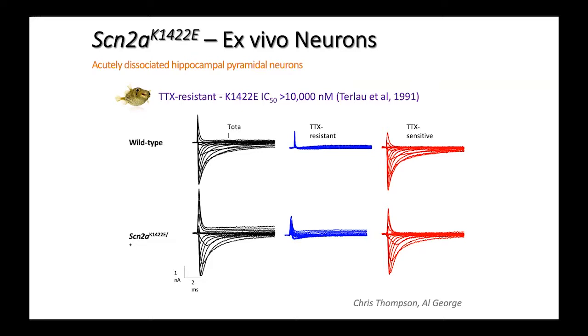So these are just representative traces. On top, we have wild-type. There's very little TTX-resistant current. That's really chloride conductance. And the TTX sensitive is all the brain sodium channels. But with the K1422E, you have some TTX resistant current that you can see, and then you can isolate that and look at it.